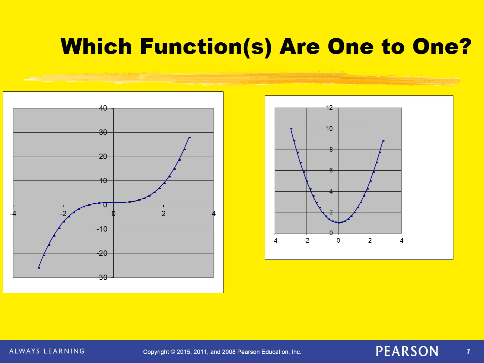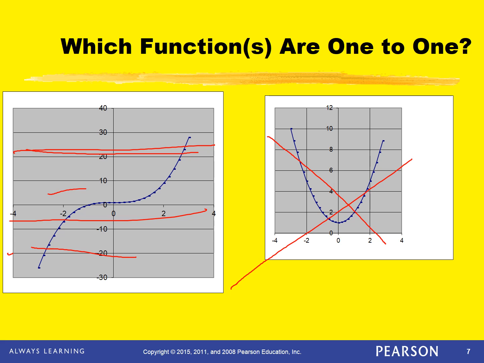Which functions are one-to-one? Well, you look at it and you say, does the thing pass the horizontal line test? Well, we've already kind of spilled the beans on this one, right? That one is out as a one-to-one function. But the other one does pass the horizontal line test. No matter where you draw a horizontal line, it has exactly one point of intersection with the graph.